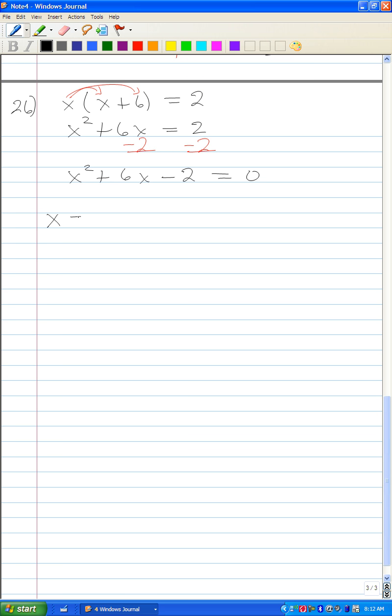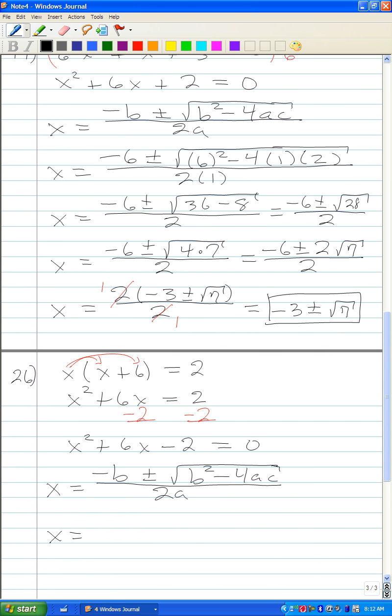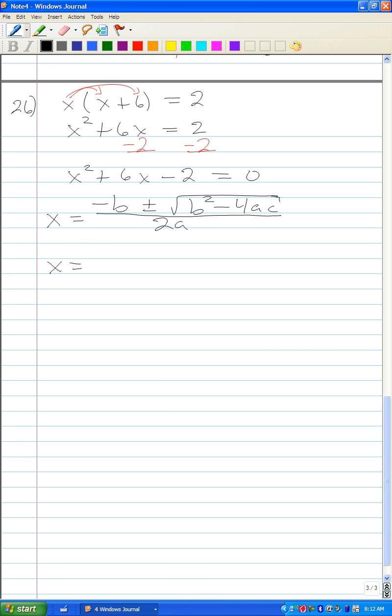And so I have x equals negative b plus or minus the square root of b squared minus 4ac all over 2a.